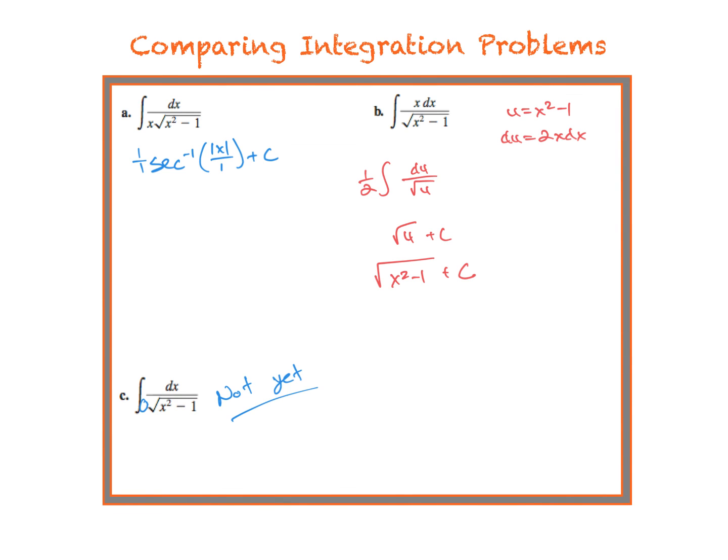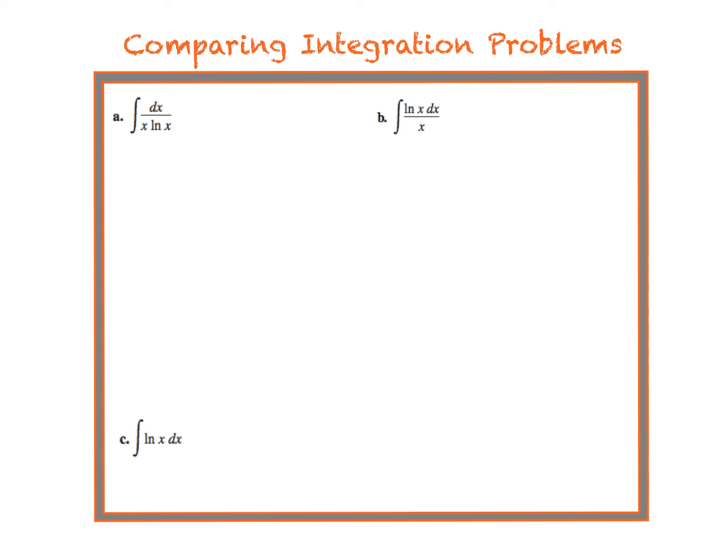All right. And what I want you to gather from that is we can't integrate everything using what we know now. However, can we derive everything? Yes. Yes, but we can't integrate everything. All right, let's look at this next one. We have the integral of dx over x natural log x. So what could your u be?